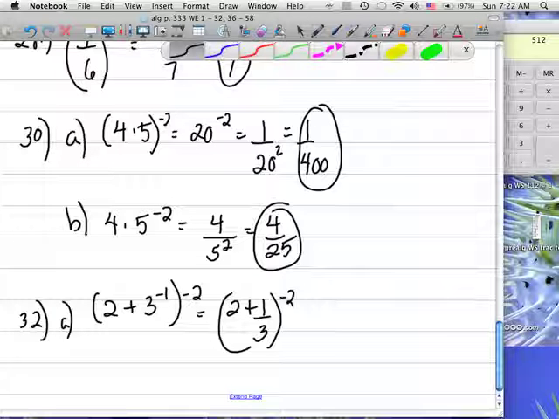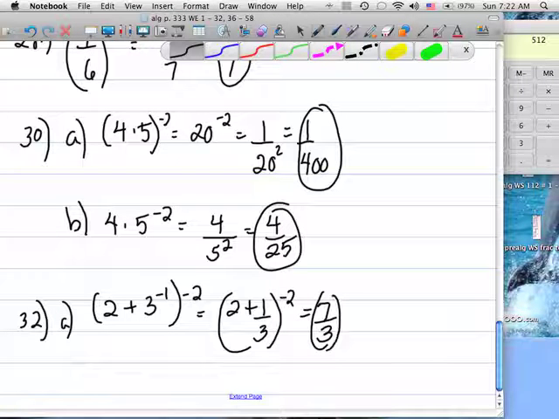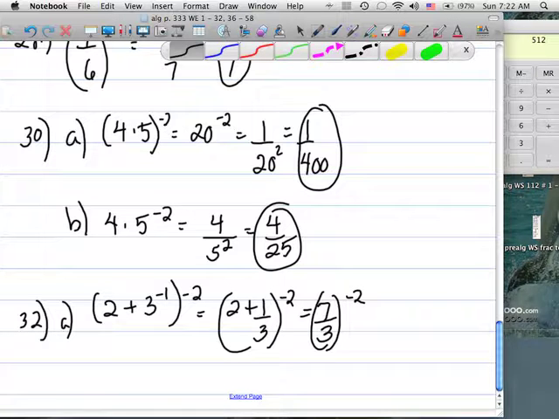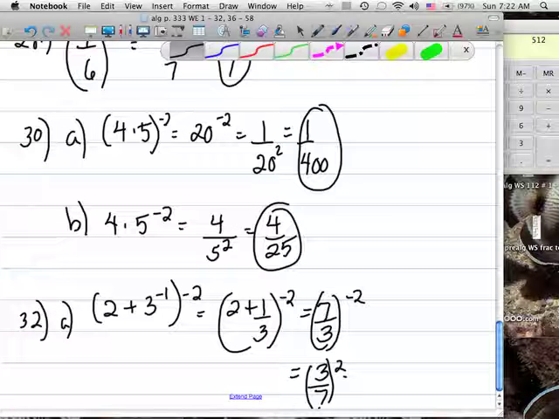And 2 plus 1/3, that's 2 1/3 or 7/3. To the negative 2. Now we can flip the fraction. And that's 3/7 squared, which is 9/49.